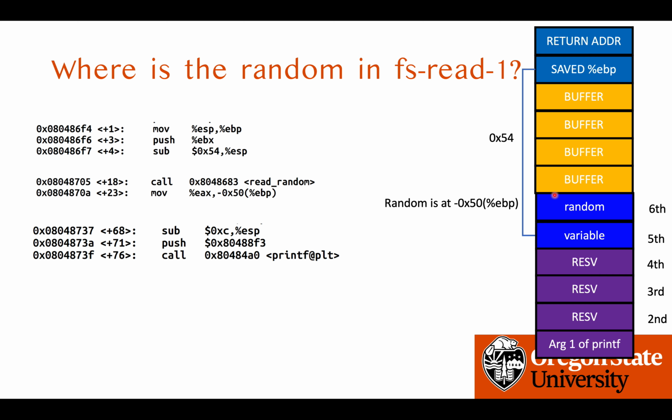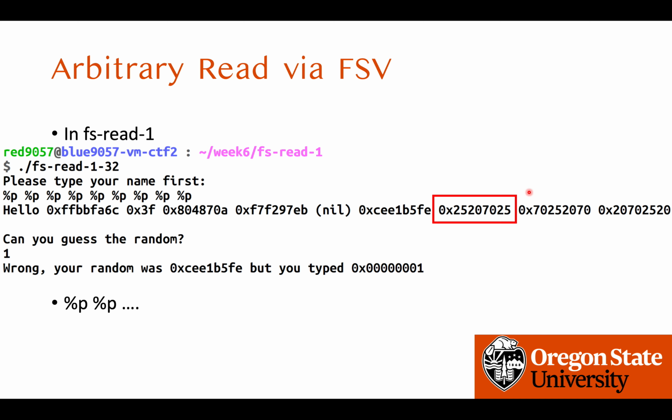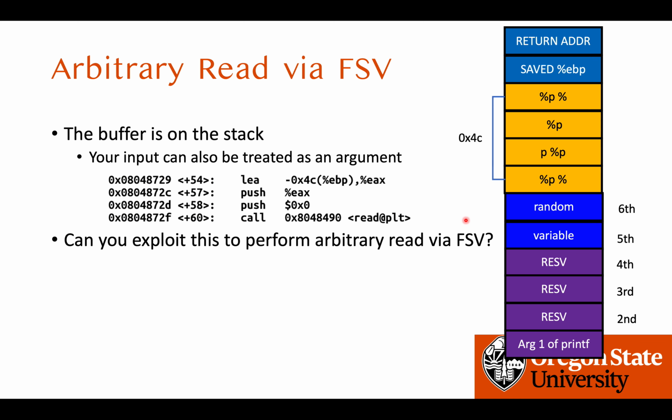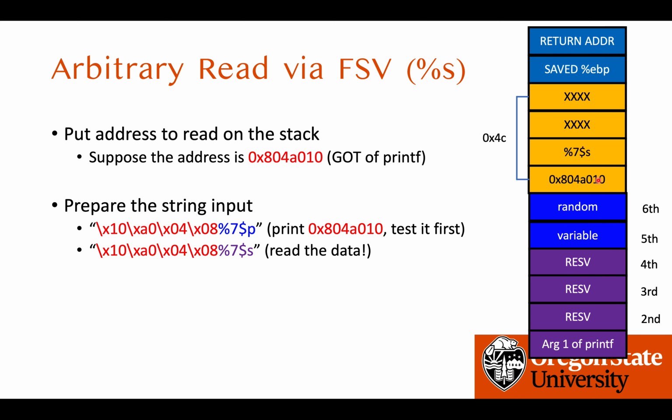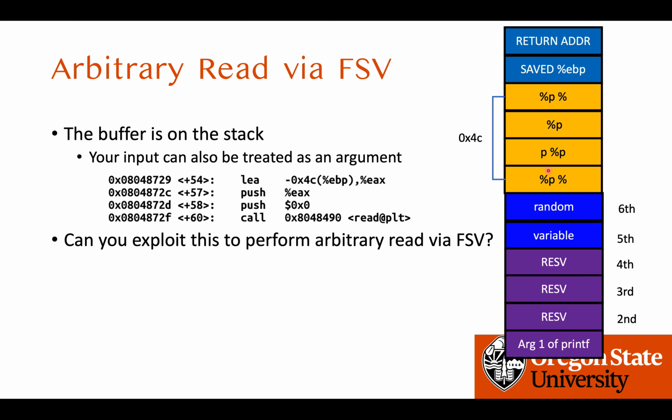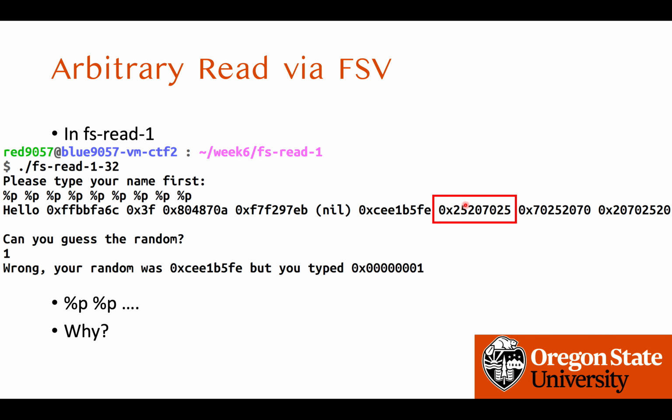Our buffer is at EBP minus 0x4C, right above the random value. So the 7th argument will be something like "%p %p", that is 25, 70, 20, 25. So we have that in the 7th argument.